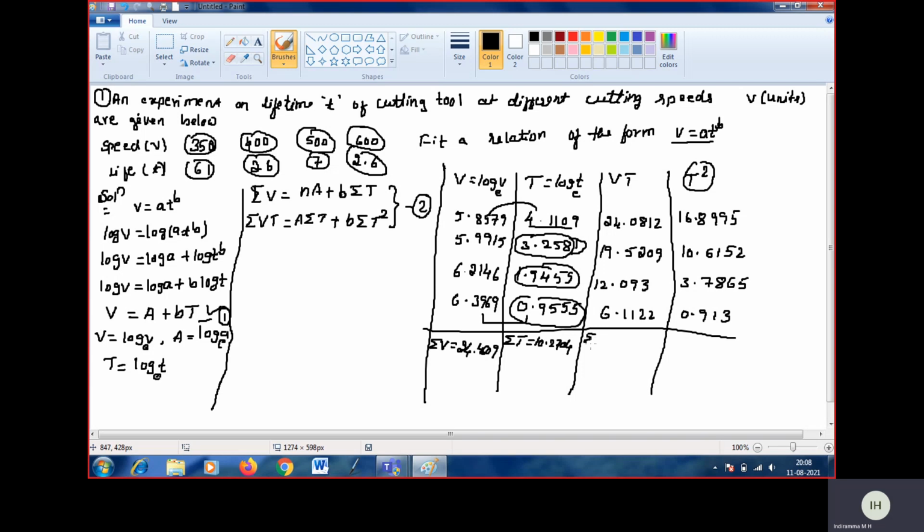So next, summation of VT will be 60.8073. Next, summation of T square will be 32.2142. Summation of V will be 24.4609.